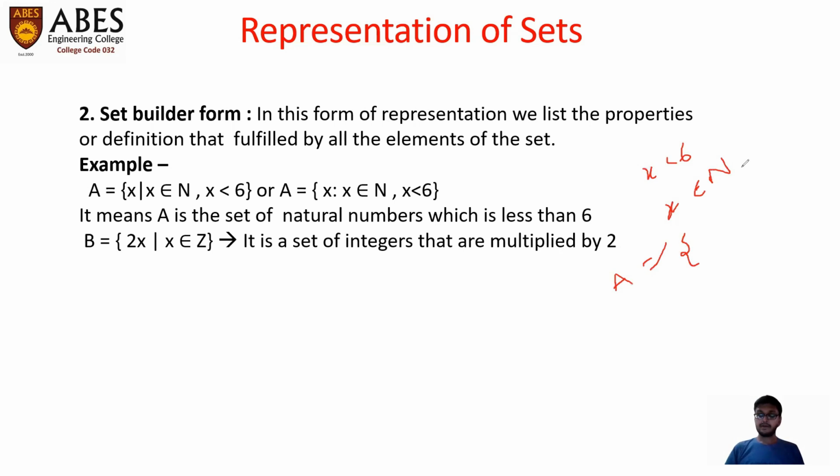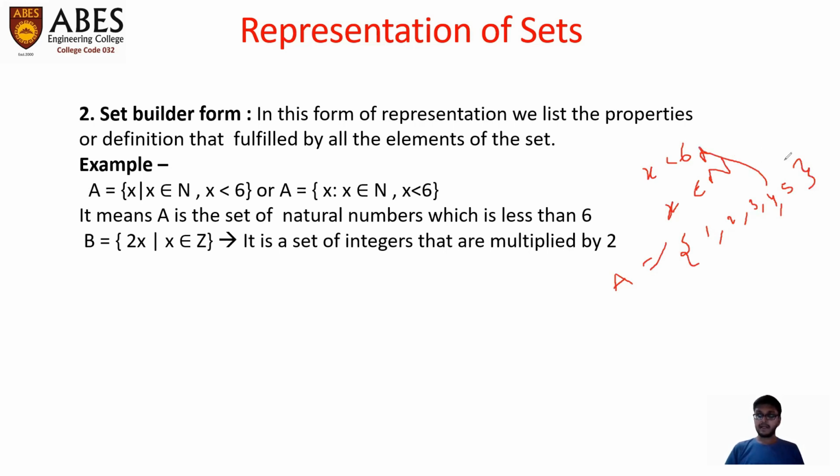Natural numbers start from 1. So how many numbers are there? 1, 2, 3, 4, and 5. Up to 5, we can write inside the set A according to this condition.